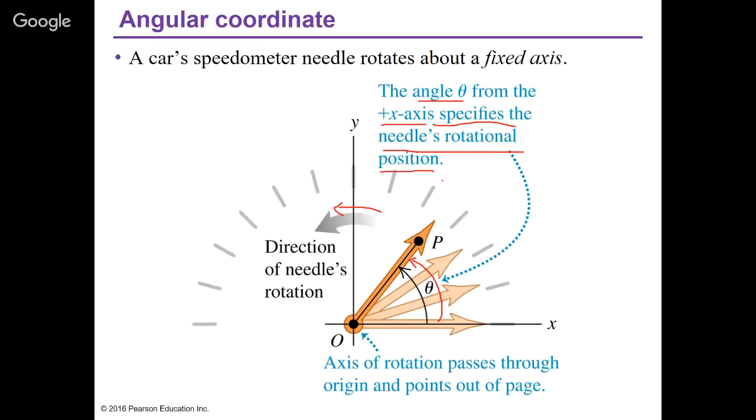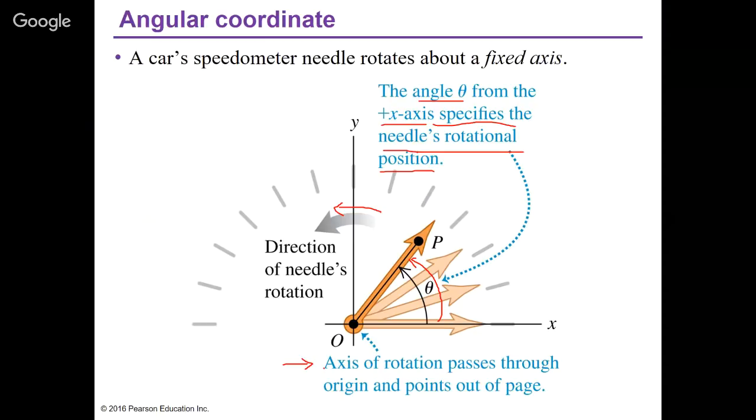Here is an actual rigid body that rotates to a certain theta. Another important thing is that for rotation, you'll always have an axis of rotation. In this case, this axis of rotation passes through the origin that we have chosen, which coincides with the actual physical axis of rotation.